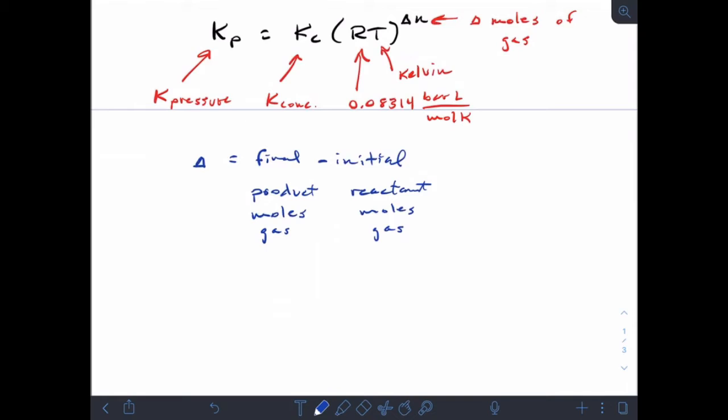Let's do a little practice doing conversions between Kp and Kc. We're also going to tie in some of the things that we did in video 1 with manipulating the value of the equilibrium constant.